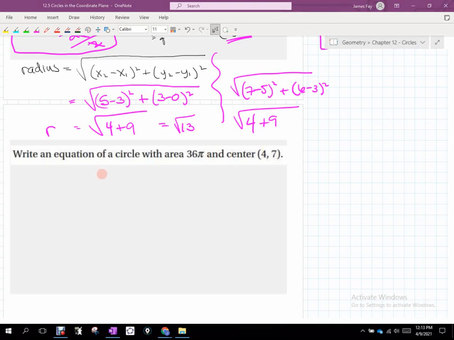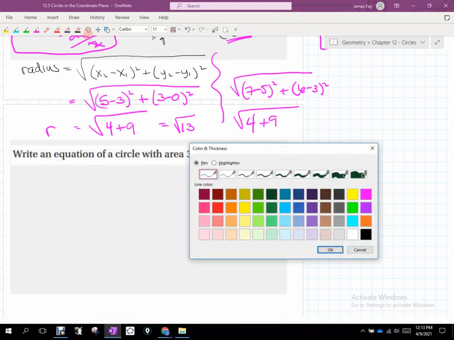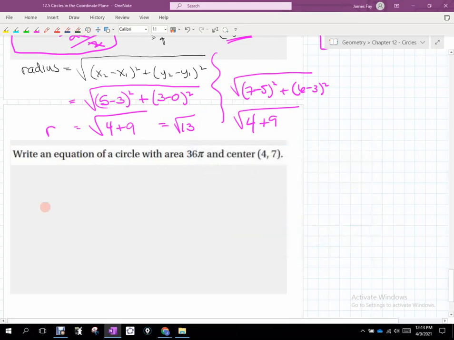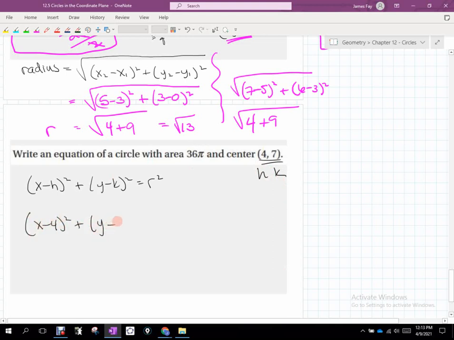So what they do is say, okay, if you want to write an equation for the circle with a center at 4, 7, that part we can do pretty easily, right? Okay, so a circle is always going to be x minus h squared plus y minus k squared equals r squared. Right now, that's h and k respectively. So just plug that in. X minus 4 squared plus y minus 7 squared.